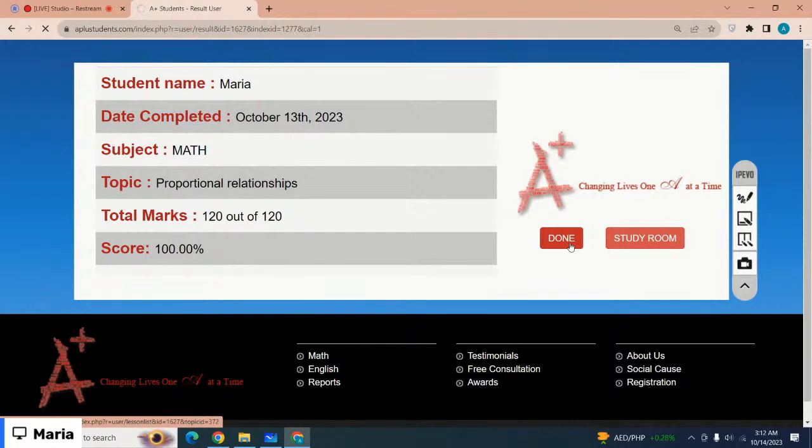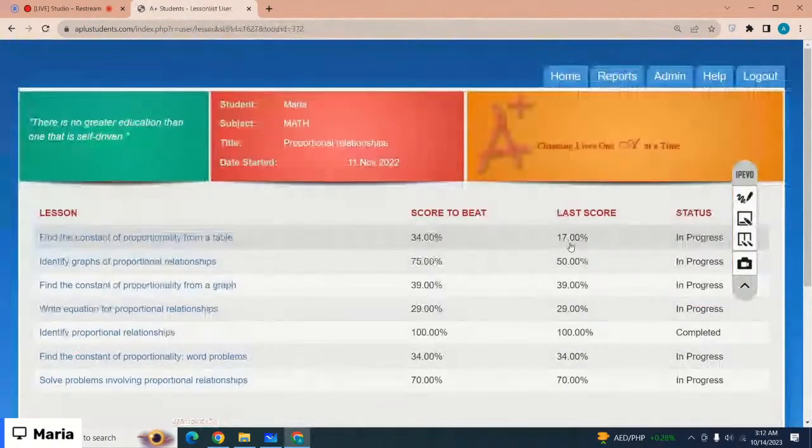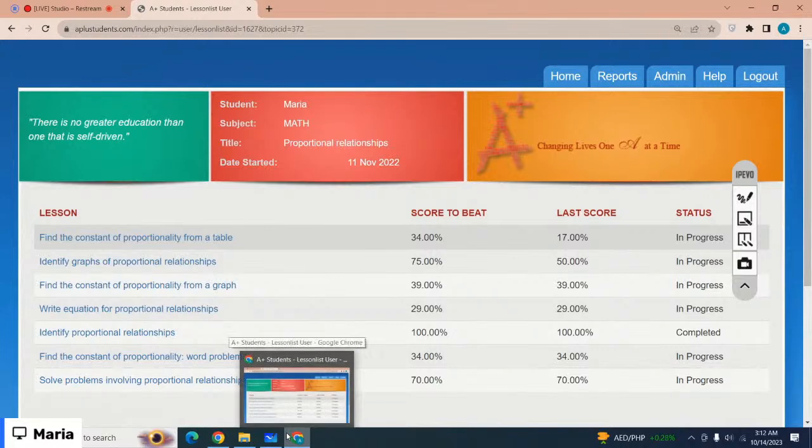And the next lesson is find the constant of proportionality word problems. So, how do we calculate the constant of proportionality when we are working on the word problems? Let's just start with an example, right?